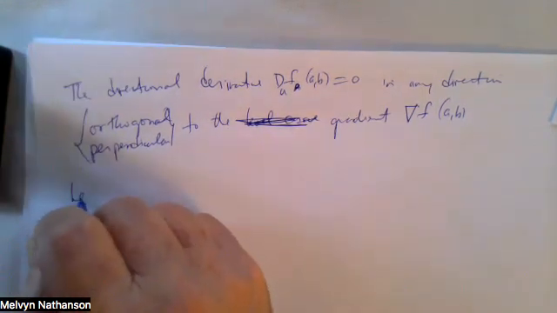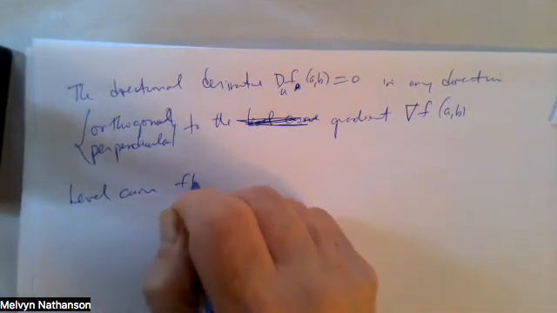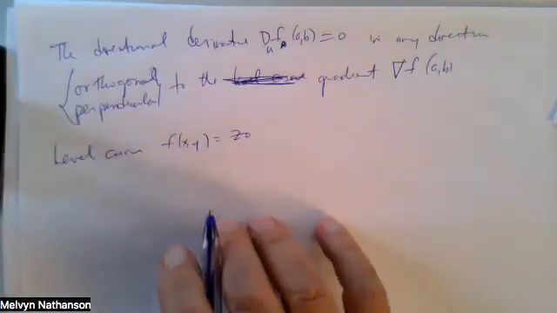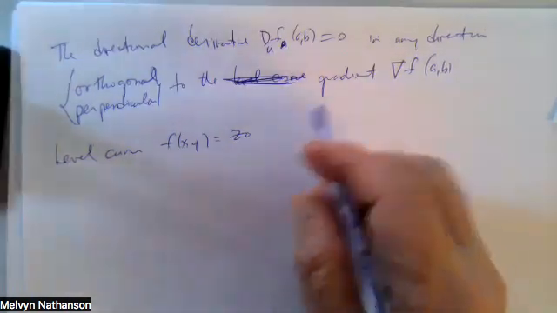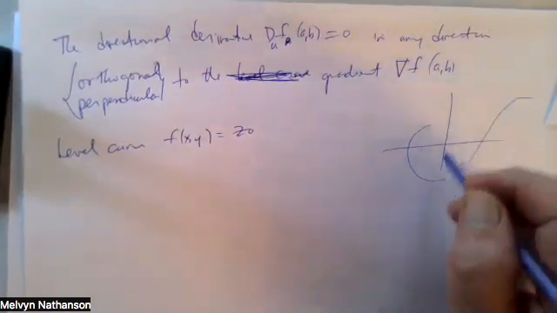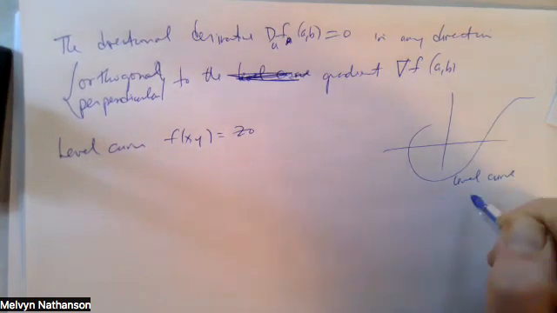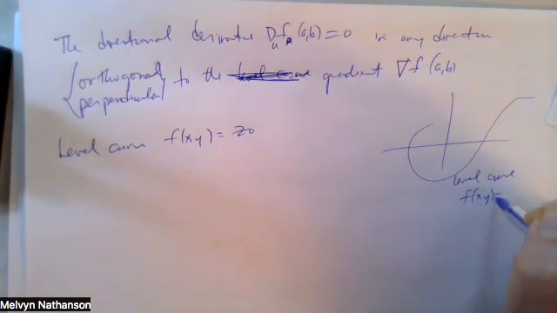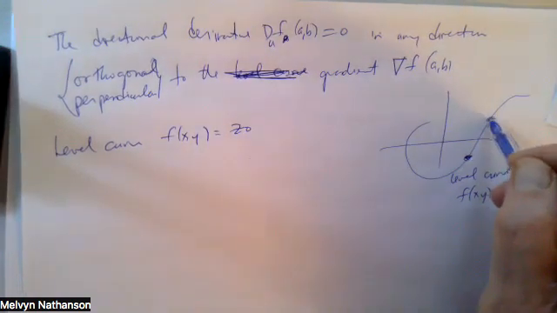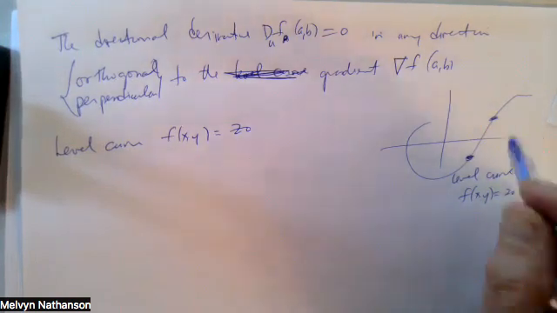suppose we look at the level curve f(x, y) equals some value z naught. So in the xy plane, this is some curve, and at every point on this curve, the value of the function is z naught.